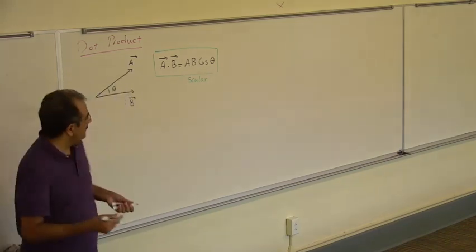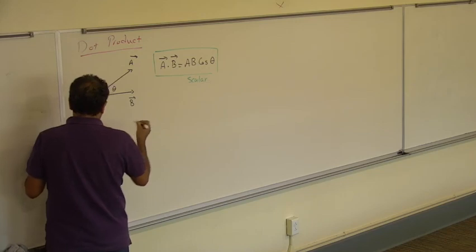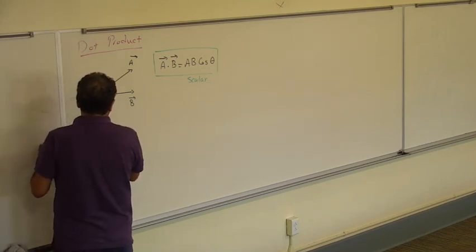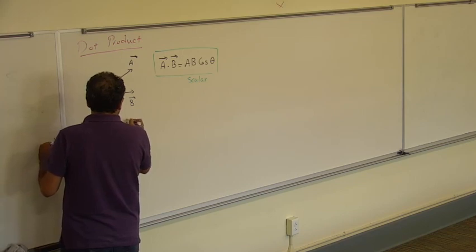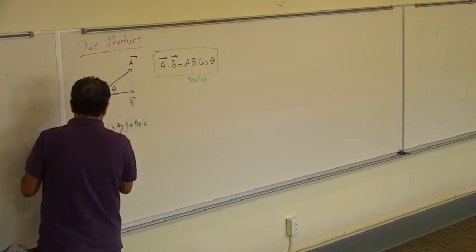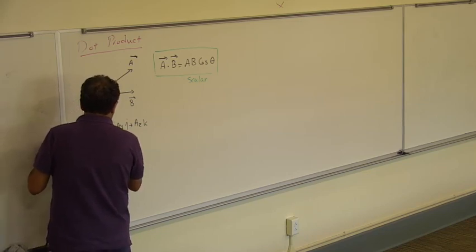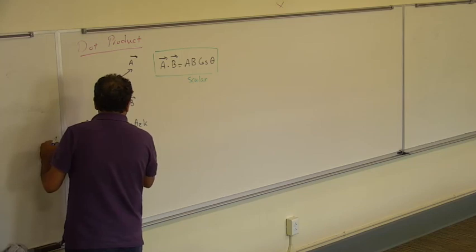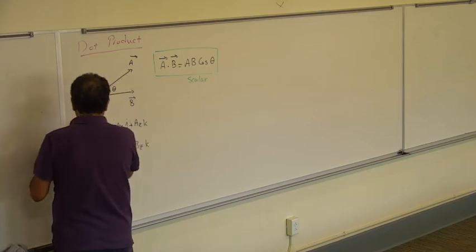Assume I write A in Cartesian form, so A_x i plus A_y j plus A_z k, and similarly B_x i plus B_y j plus B_z k direction.